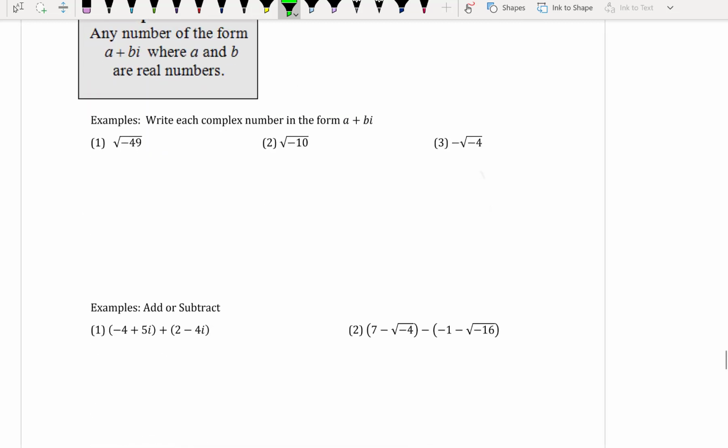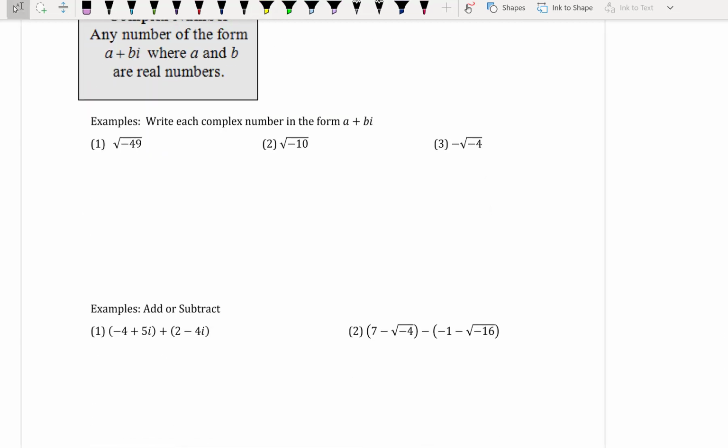So let's rewrite these numbers in the form a plus bi. So here, you want to take into account that this is an imaginary number. I know that the square root of 49 is definitely 7. But now that I have that negative in there, I have to be really careful.